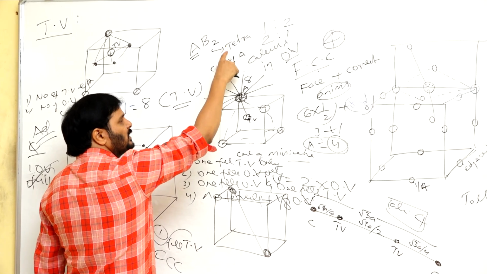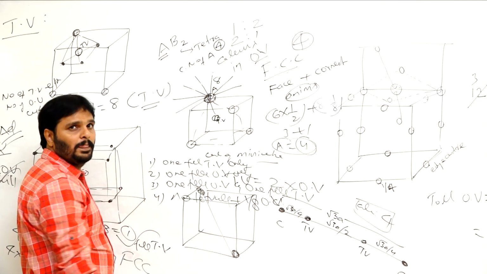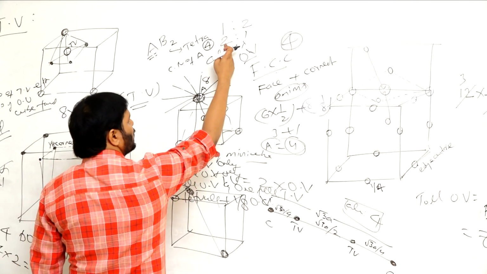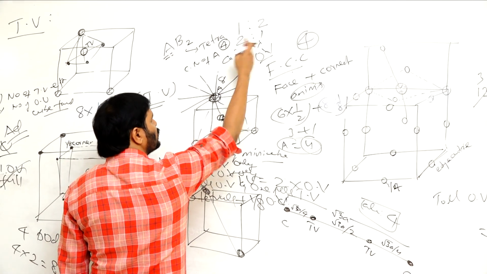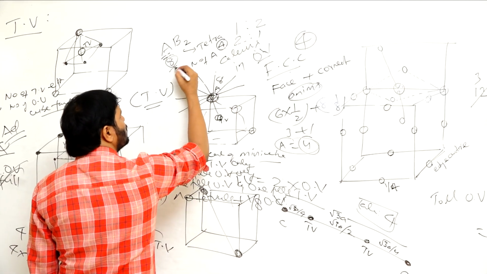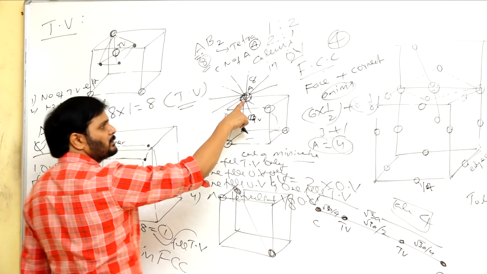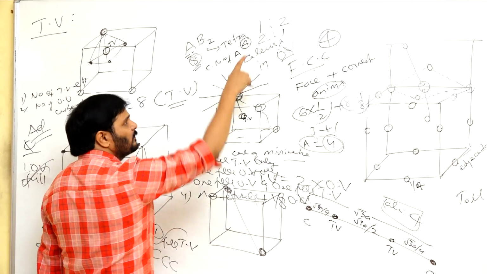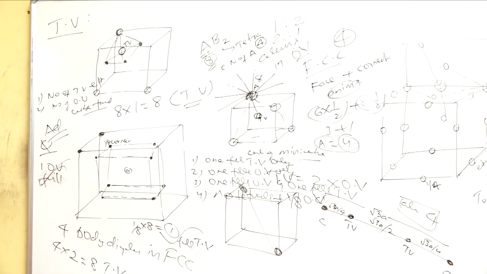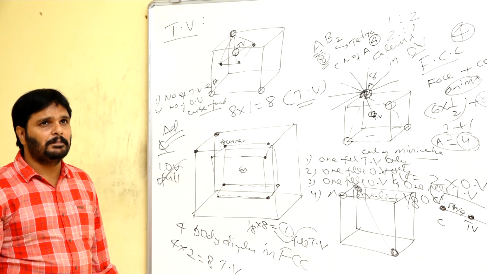Tetrahedral coordination number, you know. What is the coordination number for tetrahedral? 4. For atom A, I need the ratio 2:1, so 4 times 2, 8. So the coordination number is 8. So from the formula you can find the stoichiometric ratio, and from the stoichiometric ratio you can find the coordination number.